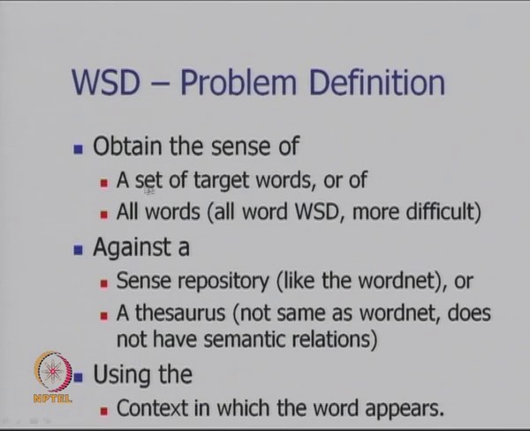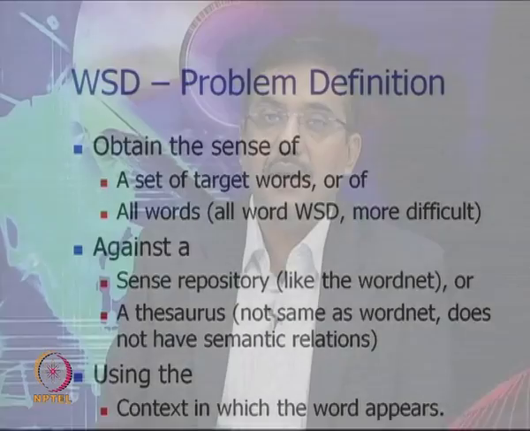Obtain the sense of a set of target words or of all words, which is called all words disambiguation. This is a more difficult problem than a set of target words being disambiguated. The reason is that for the set of target words, once it is known that we would like to disambiguate these words, then other words in the sentence can be looked upon as clues for disambiguation.